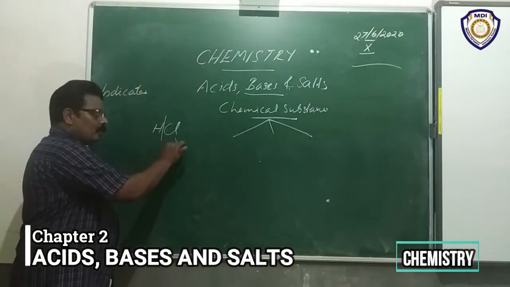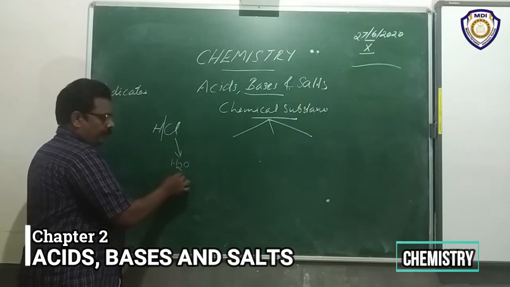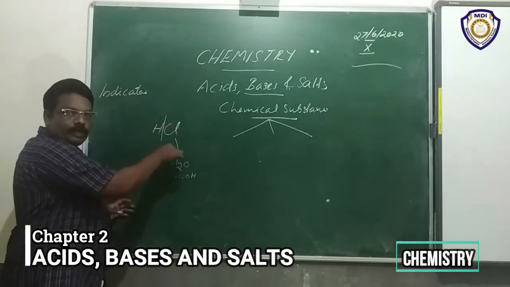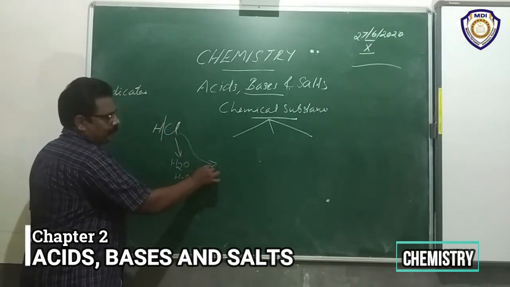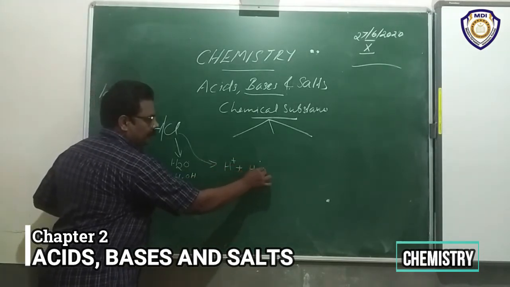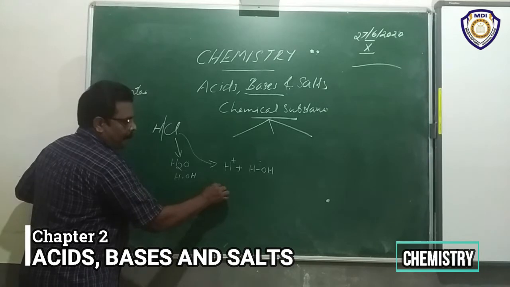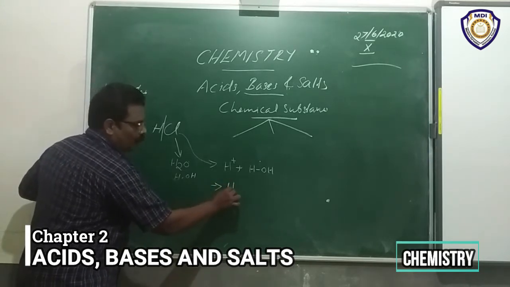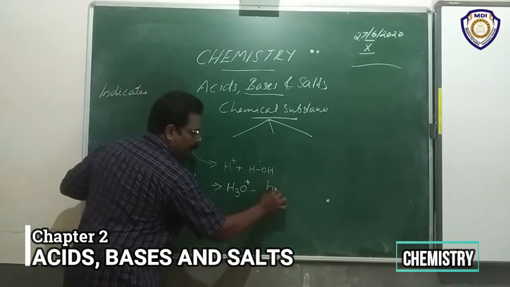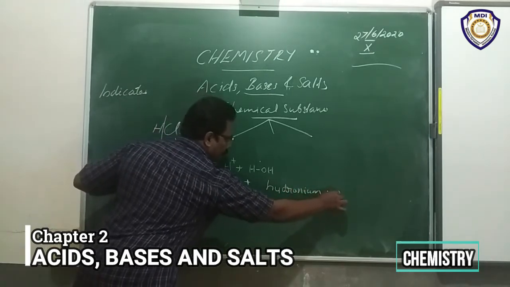When an acid is dissolved in water, H2O, actually HOH, you get H plus ions plus HOH, and they form the hydronium ion, H3O plus. Its name is hydronium ion.